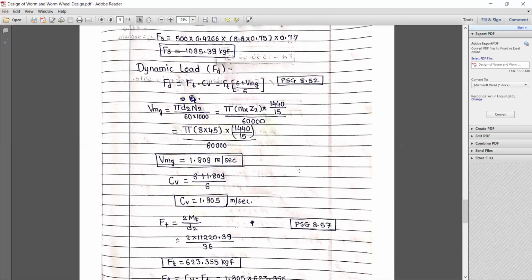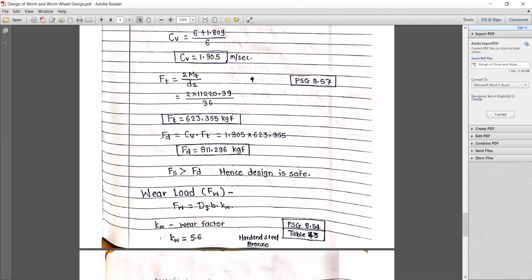Putting all the values, the velocity of gear is equal to 1.809 meters per second. Now we have to calculate Cv. After putting the value of Vmg, what we get, Cv is equal to 1.305.